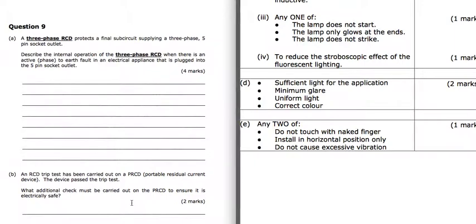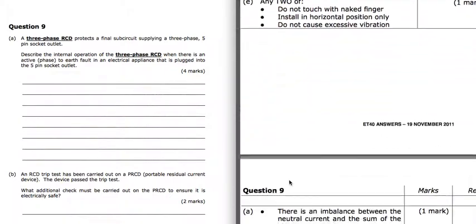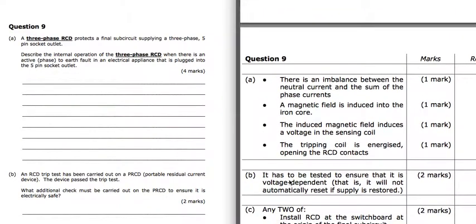A 3-phase RCD is protecting a sub-circuit supplying a 3-phase 5-pin socket outlet. Describe the internal operation of the 3-phase RCD when there's an active phase to earth fault in an appliance that is plugged into the 5-pin socket outlet. So if there wasn't an earth fault, then the 3-phase currents would balance and the neutral current would be equal to the sum of the 3 phases.